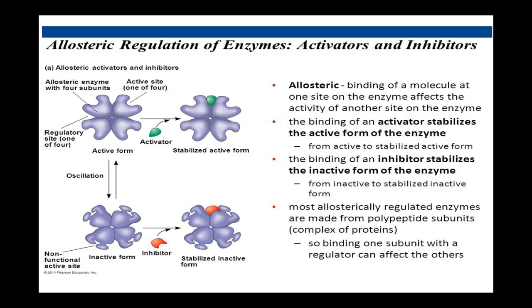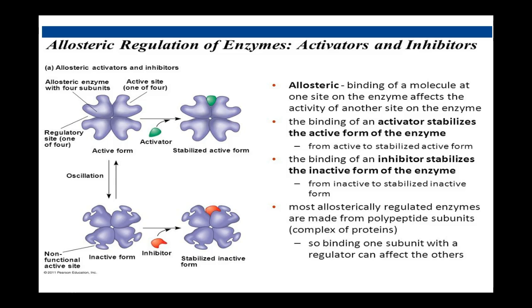Then this idea of allosteric regulation brings up another topic that we haven't talked about. Some enzymes are made up of complexes, not individual proteins, and these complexes are oscillating. This oscillation can be thought of as active form or inactive. You can have allosteric activators that stabilize the active form and make it more likely that substrates are going to bind.